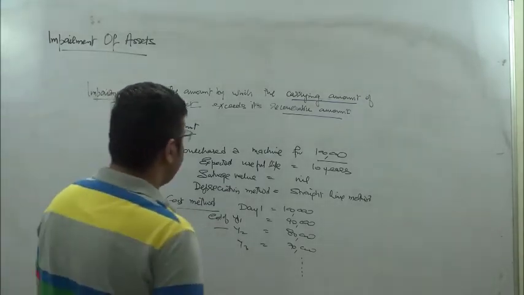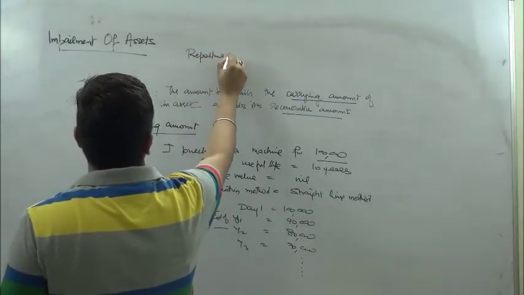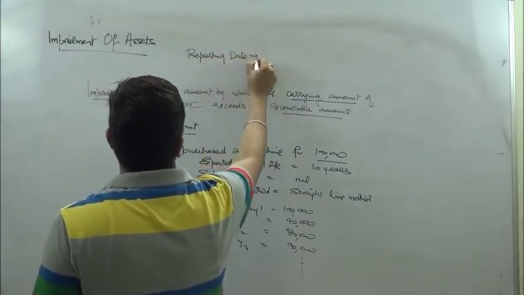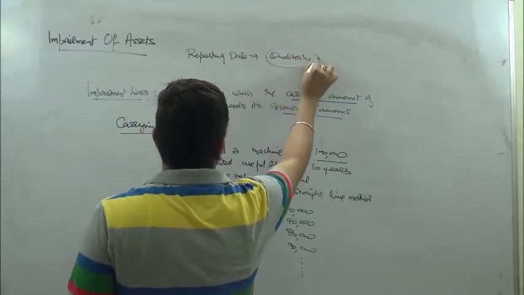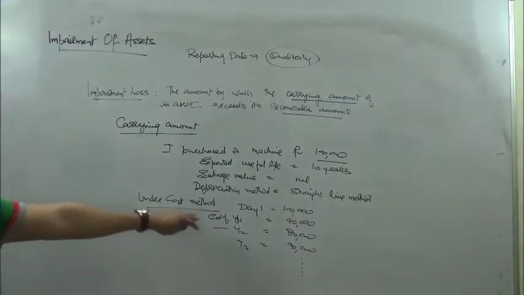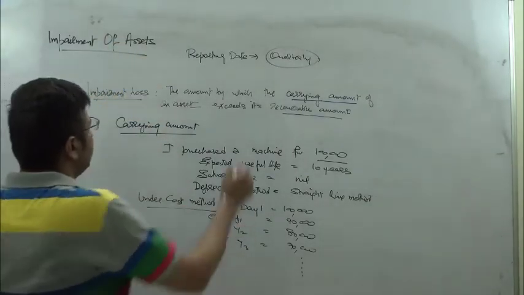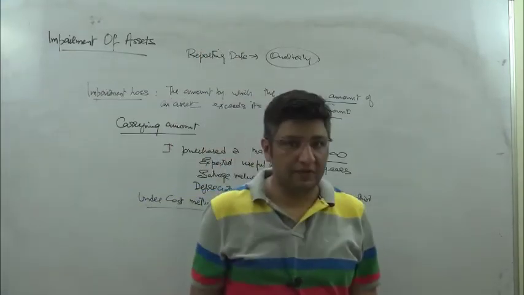By the way, just to clarify, the reporting date is likely to be on a quarterly basis. We're just taking the year-end numbers here, but from the perspective of this standard, it is every time you prepare the financial statements.